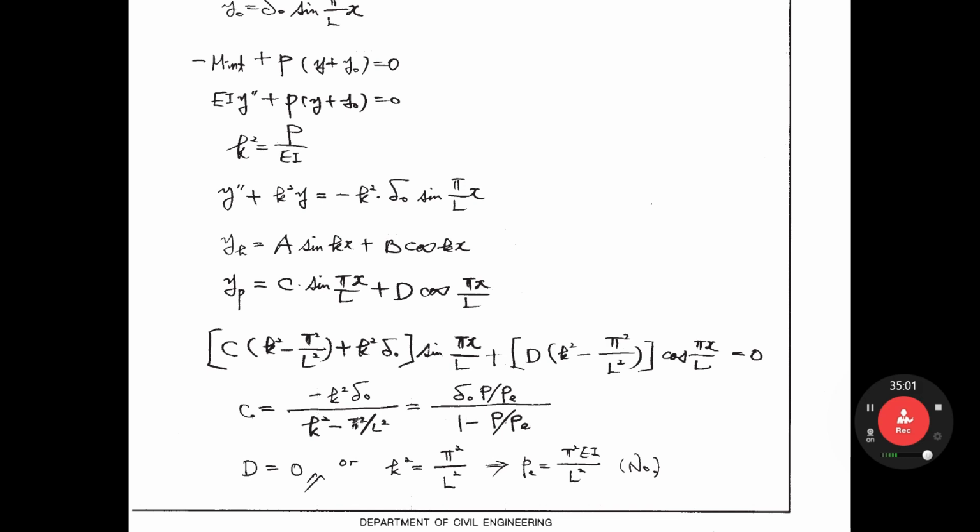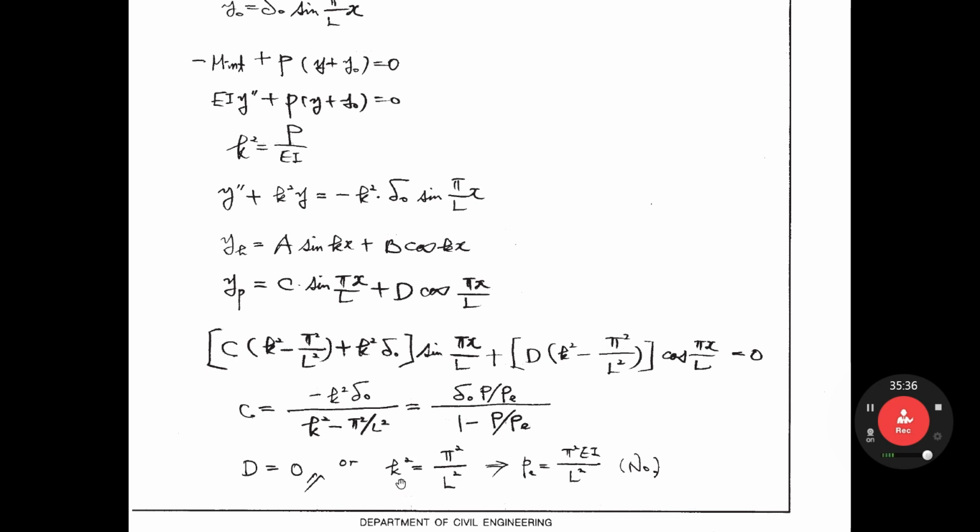If you replace k square equal P over EI, then you can rewrite the equation like this. And then this must be 0. That means D0 or this one equal 0, right? D equal 0, or this one equal 0 means k square equal pi square over L square.